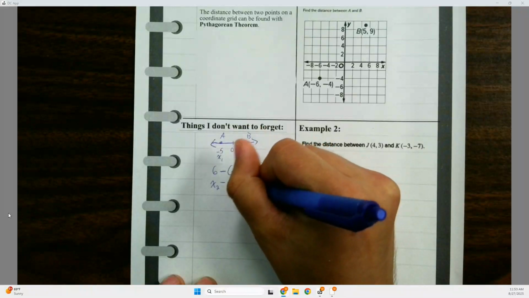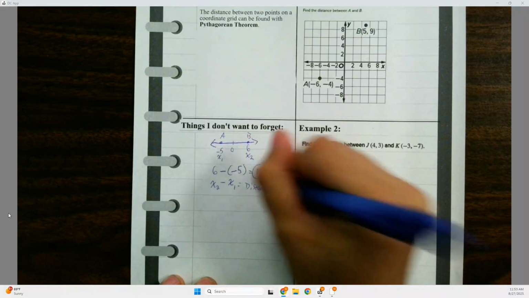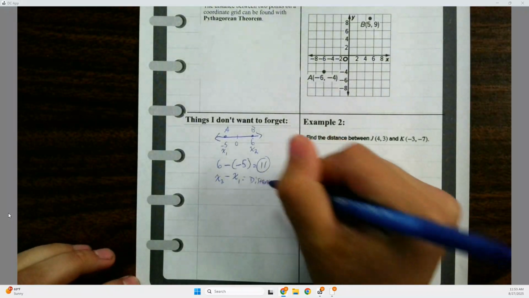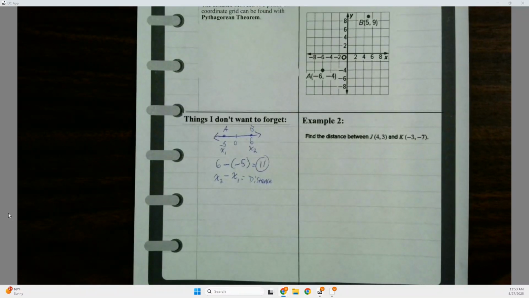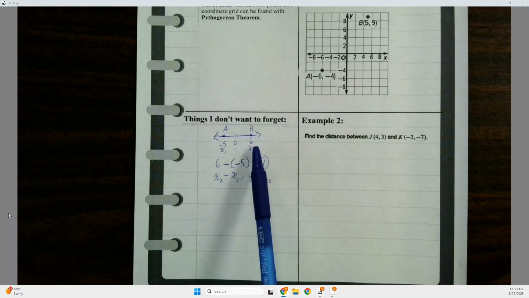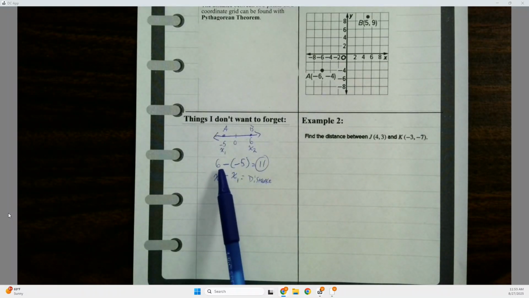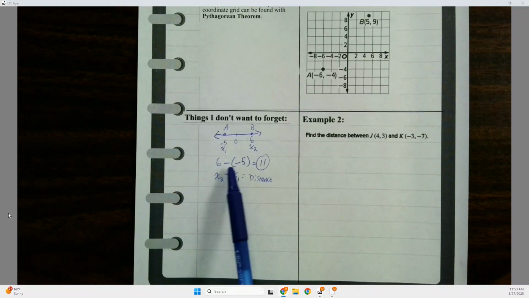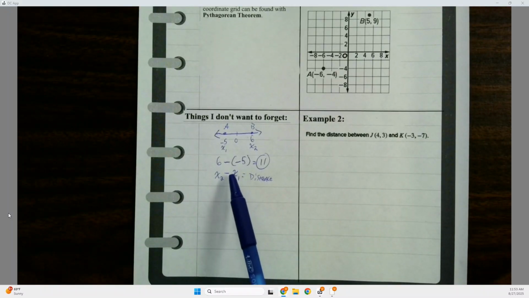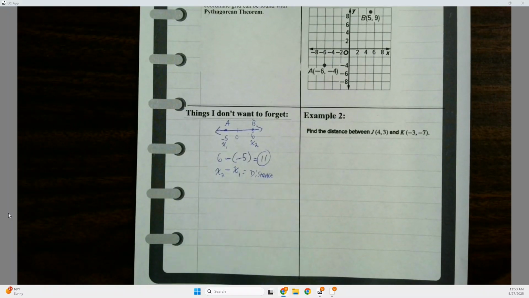That's our distance. To slow down a little bit, we have a start, we have an end. To find the distance, take my ending point, subtract it with my starting point. If it's double negative, it goes positive, and I get my distance.